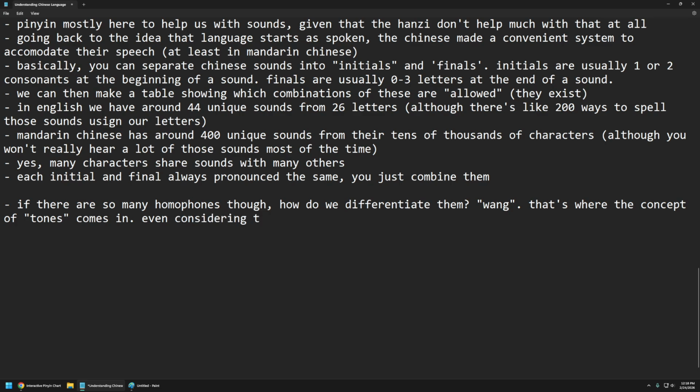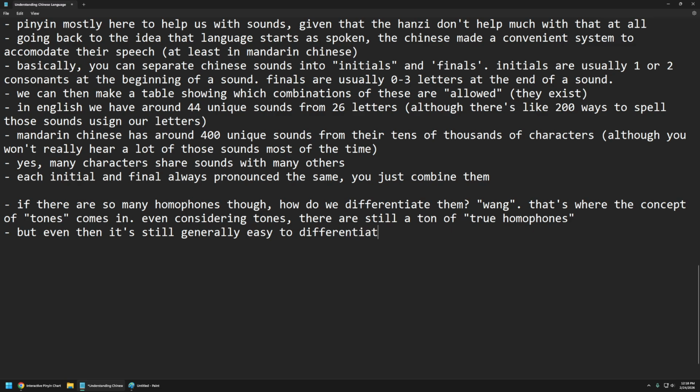Even considering tones, there are still a ton of true homophones. Like, for example, two different Wangs with the same tone would be a complete homophone rather than just a close one. But even then, it's still generally easy to differentiate based on the context.